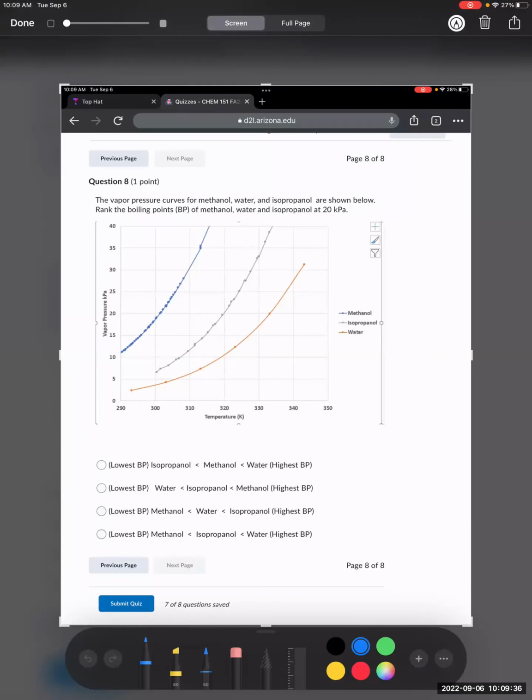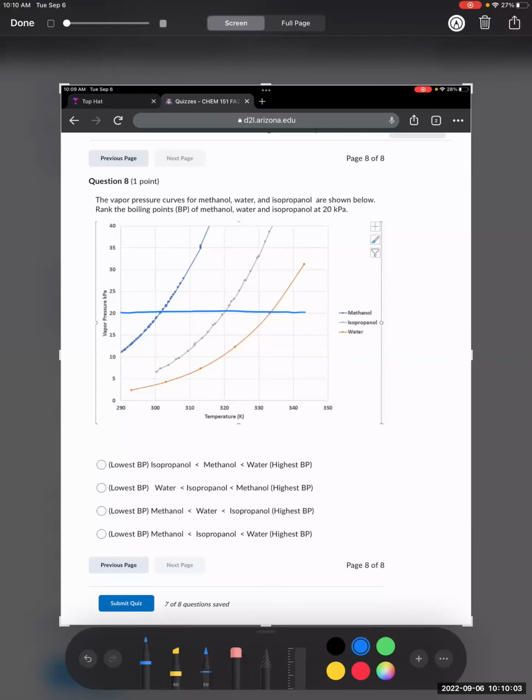Boiling occurs when the vapor pressure becomes equal to the external pressure. The vapor pressure curves can be used to read the vapor pressure of that liquid at any given temperature. That's just a reminder of what this is. Now we're told that our external pressure is 20 kilopascals. That means we are over here.